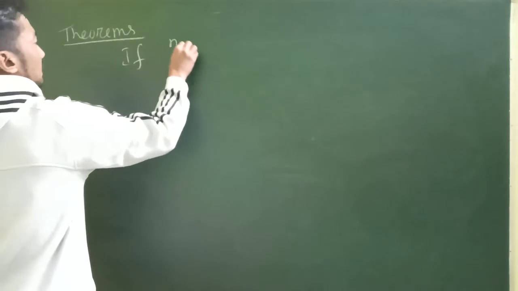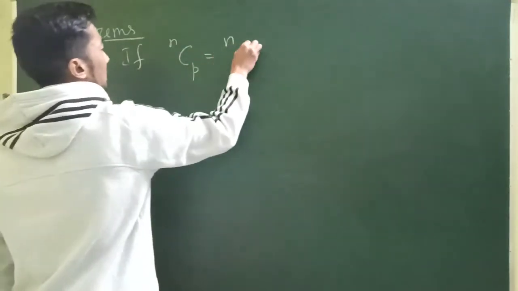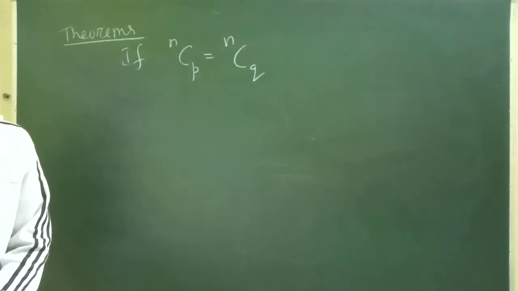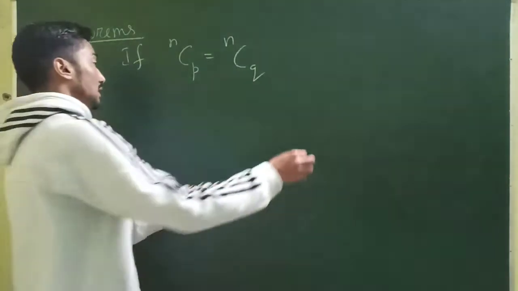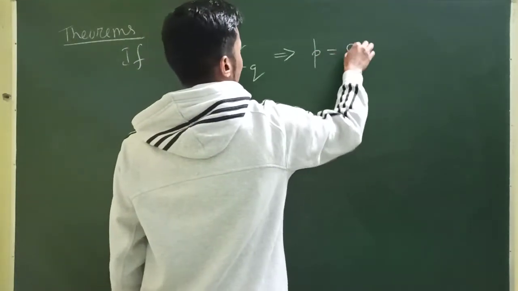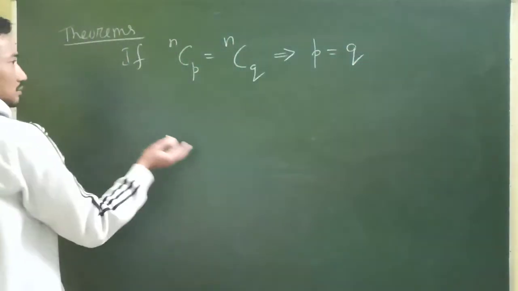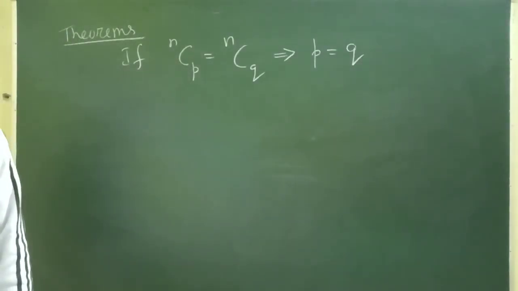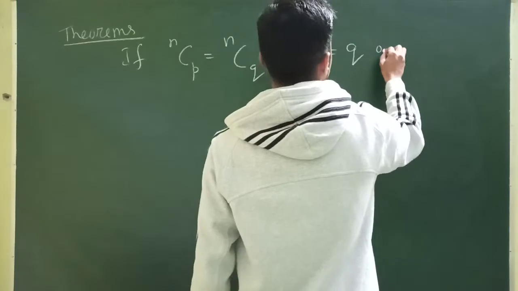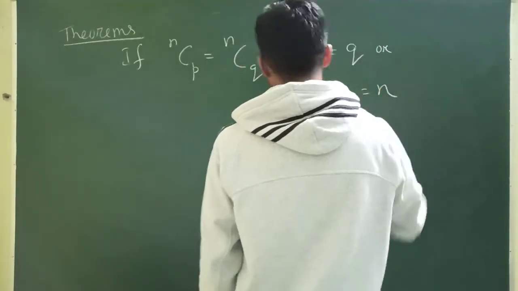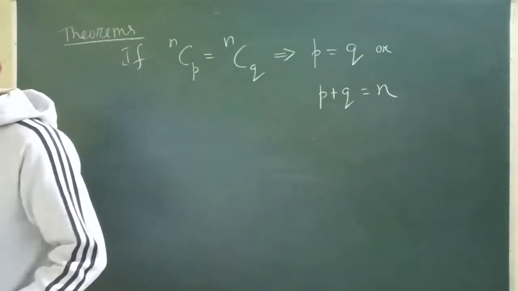If nCp is equal to nCq, then definitely it does imply that p will be equal to q. That's already understood, right? But if p is not equal to q, then p plus q, of course, should be equal to n.